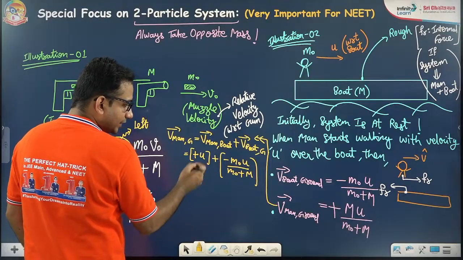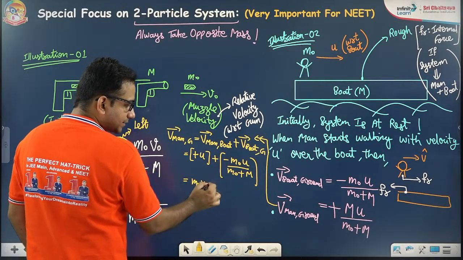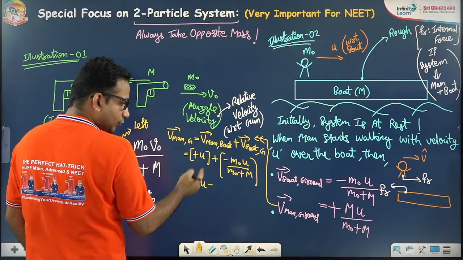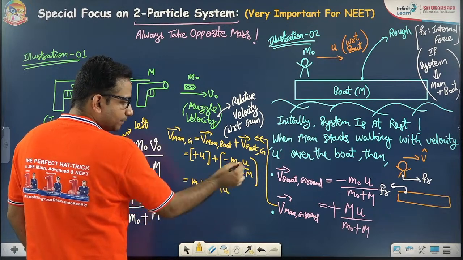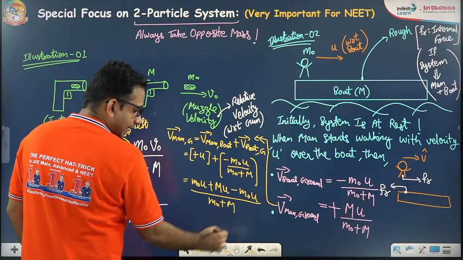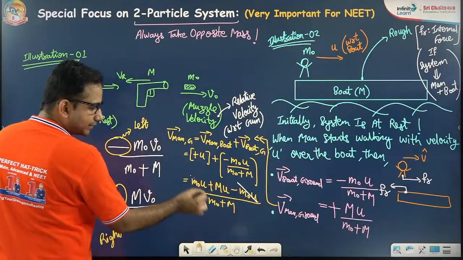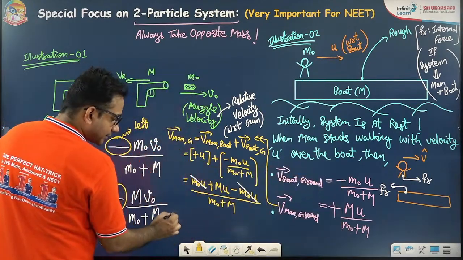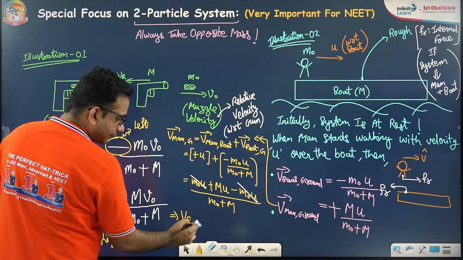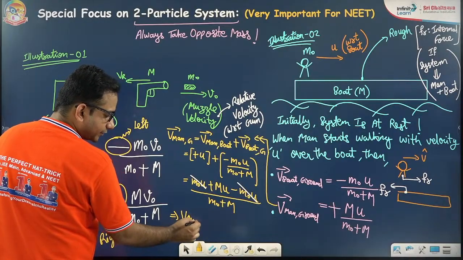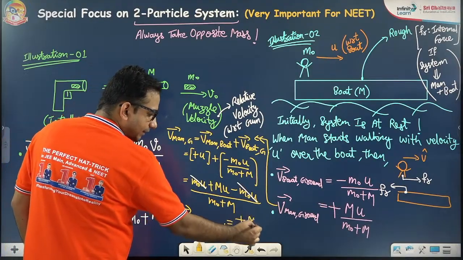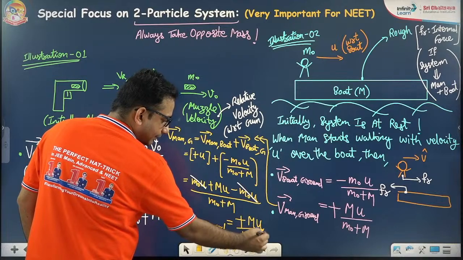So that will be equal to, if you take the LCM, M naught u plus capital M u minus m naught u by m naught plus capital M. As you can see here that this m naught u and minus m naught u have cancelled. So velocity of man with respect to ground, which you were finding here, is again positive of capital M into u by m naught plus capital M.